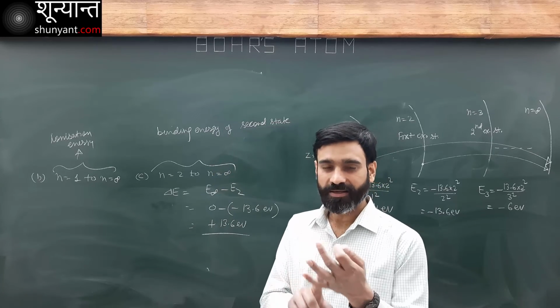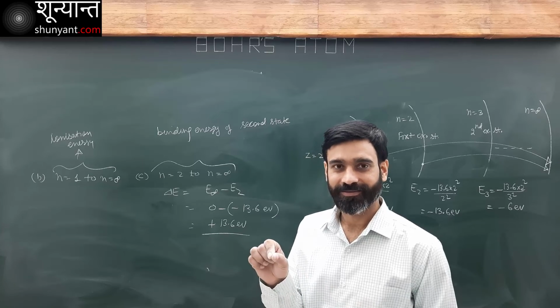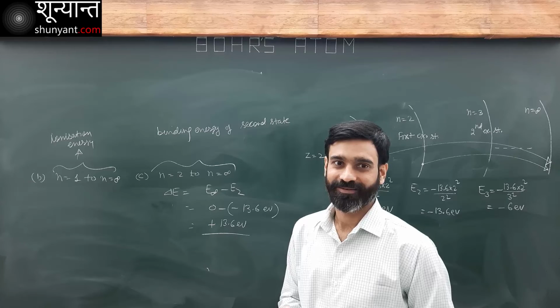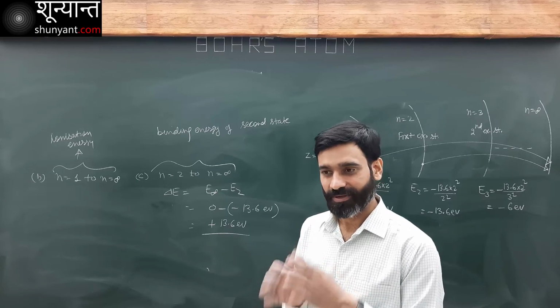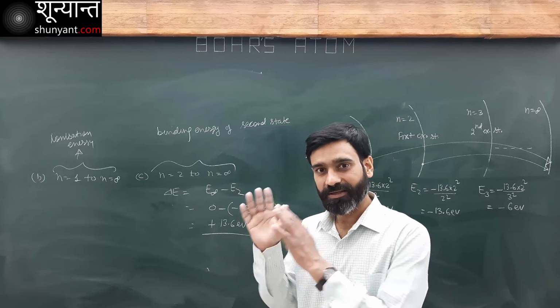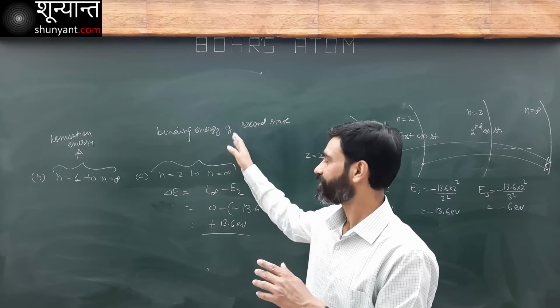Binding energy from the first state is the same as ionization energy, but generally we use different terms. Ionization is from the ground state; from any other state, it is binding energy.